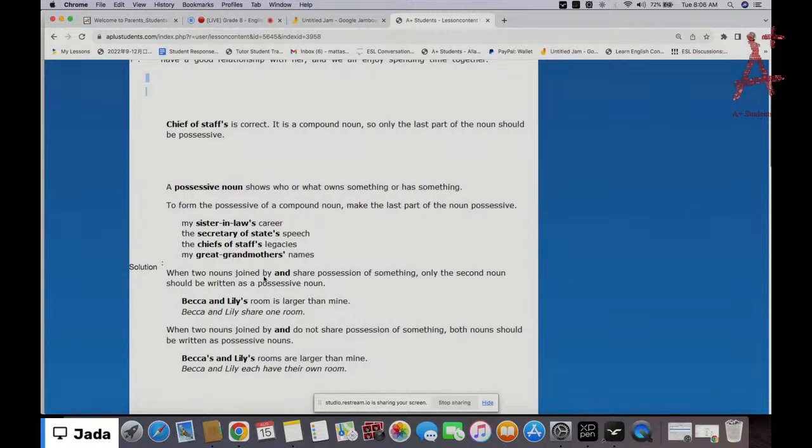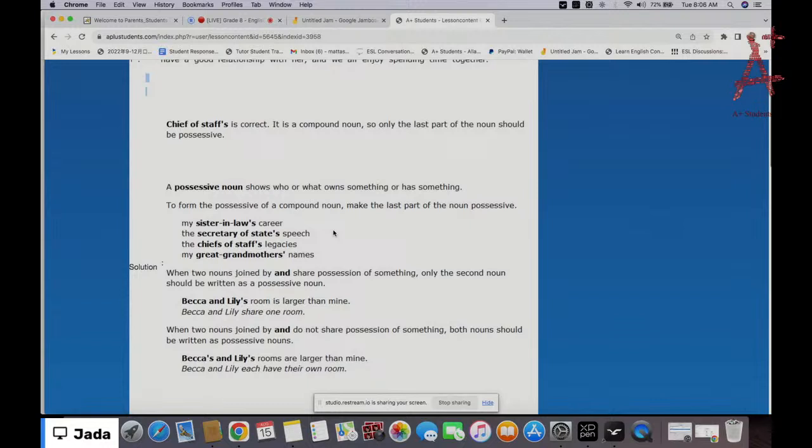When two nouns joined by and share possession of something, only the second noun can be written as a possessive noun. In the first part, it is just a normal noun. It doesn't have and in between, and it doesn't have two or more joint possessions.